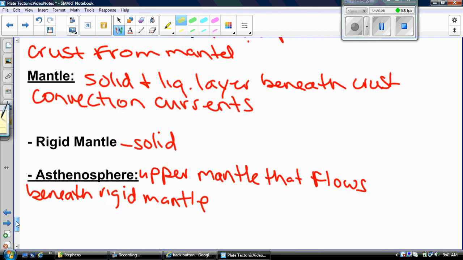The mantle is made up of a solid and liquid layer beneath the crust, and it has convection currents, which I will go into in just a minute. The first part of the mantle is a rigid mantle. It's solid, so right underneath the crust is the rigid mantle. Then underneath the rigid part, the next part of the mantle is the asthenosphere. This is the part of the mantle that flows.